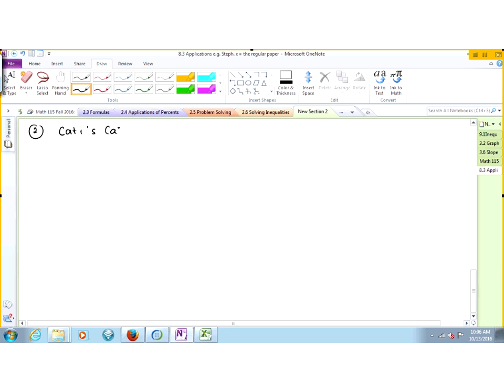So Katie's catering is trying to create a candy mixture, well, almost Halloween, that is 25% chocolate.